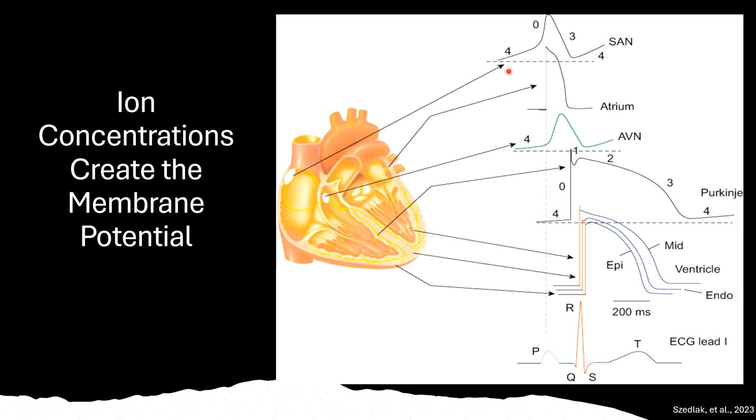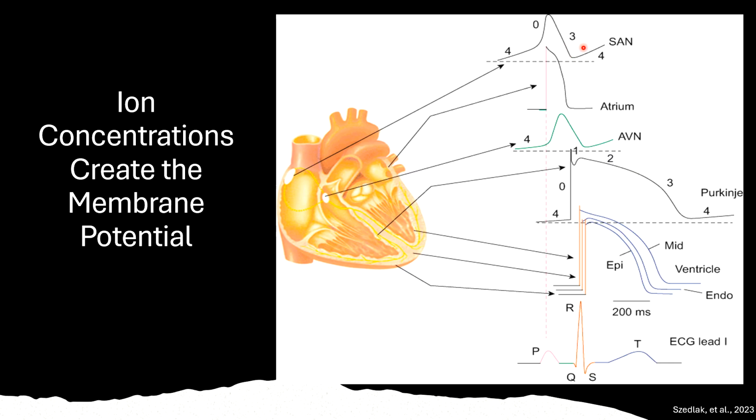Moving to the waveform labeled SAN, right here at the top, this demonstrates a very slow but rising depolarization during phase 4, due to the pacemaker cells gradually drifting towards the threshold. The upstroke is slower than the muscle because it is calcium driven. After the depolarization, the membrane repolarizes and the cycle repeats, setting the normal heart rhythm.